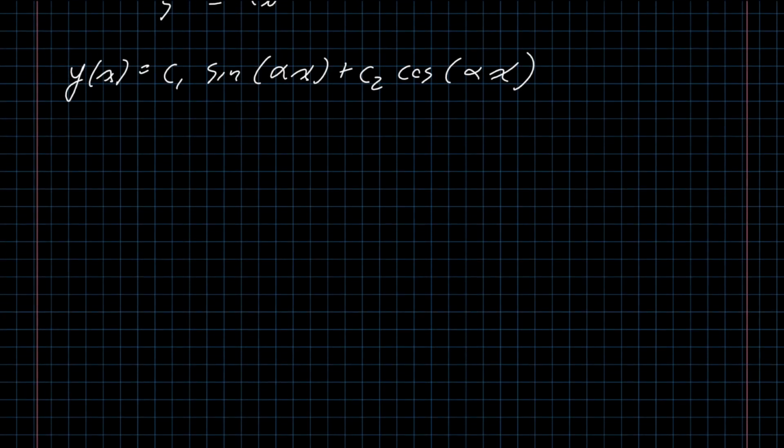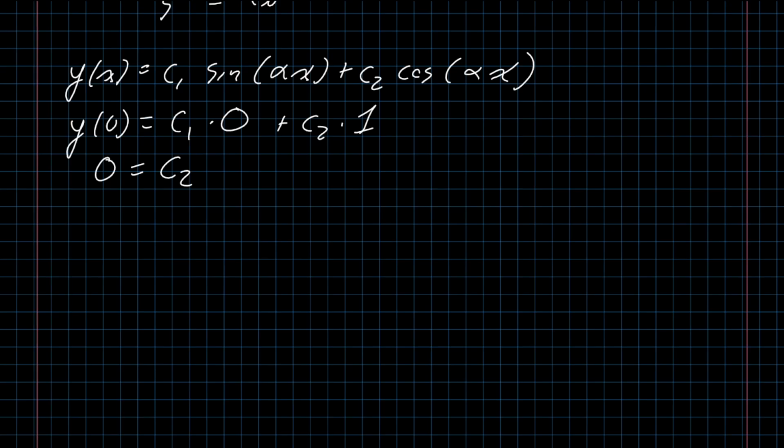Evaluate our first boundary condition, y of 0. This is going to look very familiar. Sine of 0 is 0. Cosine of 0 is 1. And we get that c2 has to be equal to 0.